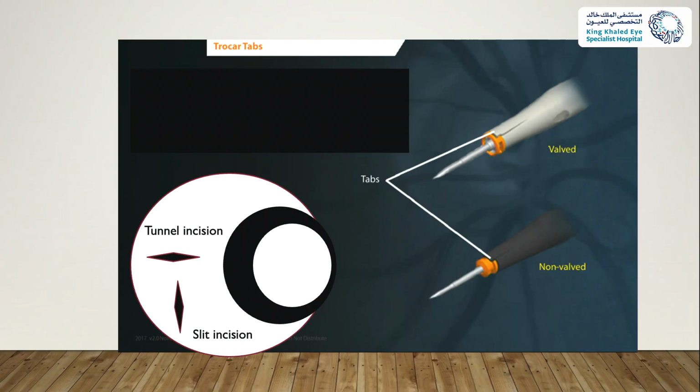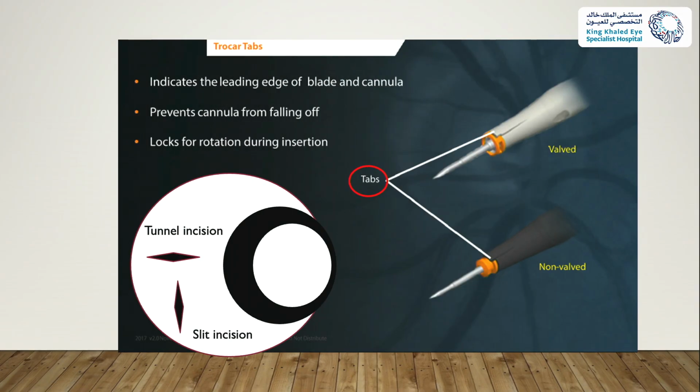So it indicates the leading edge of the blade and the cannula. In addition, it has a little groove that it fits in that will prevent the cannula from falling off and also prevent rotation of the blade during insertion.